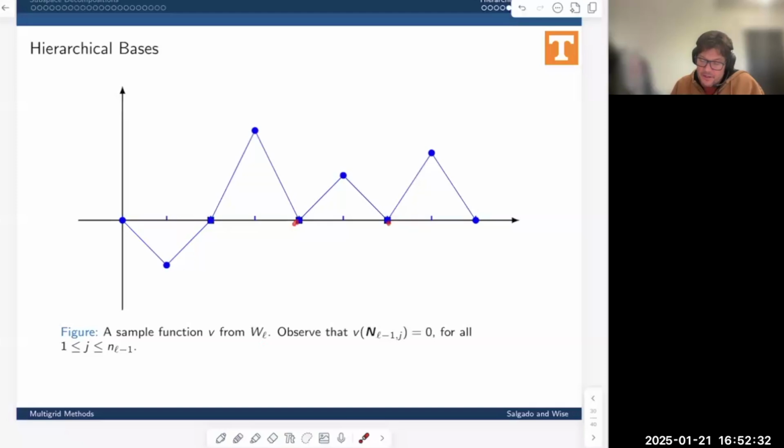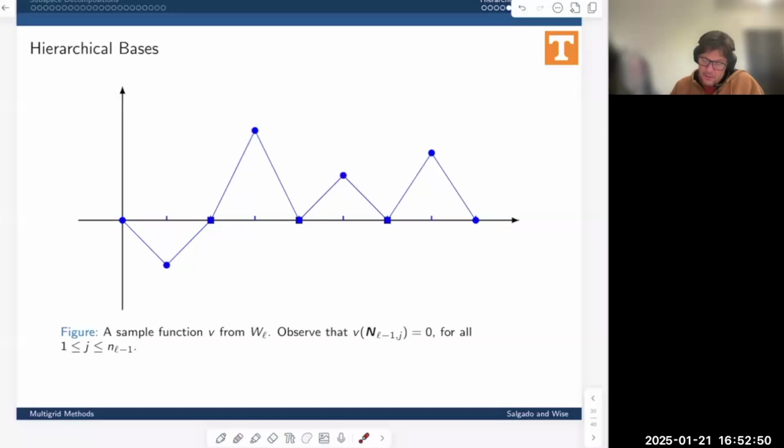Okay, so it's these guys here, and I'm going to force that function to be 0 at those 3 points. All the other points, it can take on arbitrary values. I don't care. So this is a sample function v from WL. In this case, L equals 2.